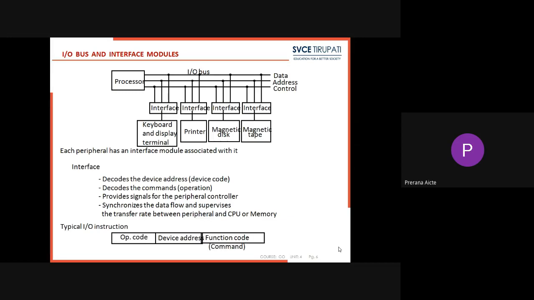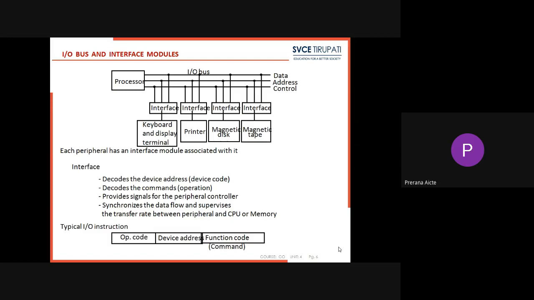Each peripheral device has an associated interface unit. Each interface unit decodes the address and control received from the I/O bus, and interprets them for the peripheral and processor.